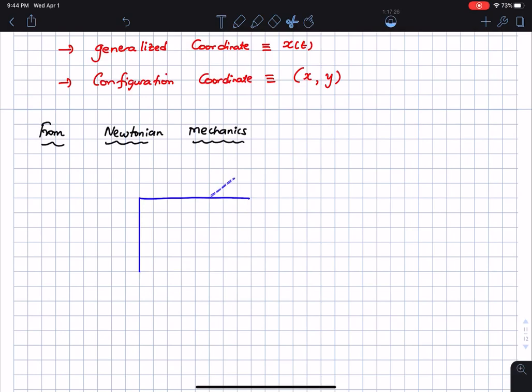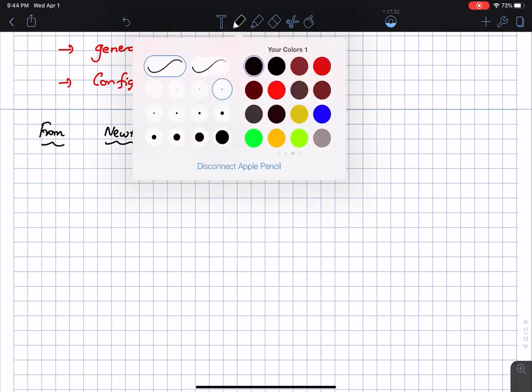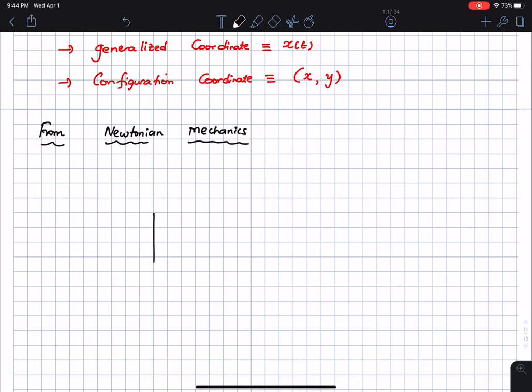Draw two blocks: free body diagram and kinetic diagram.